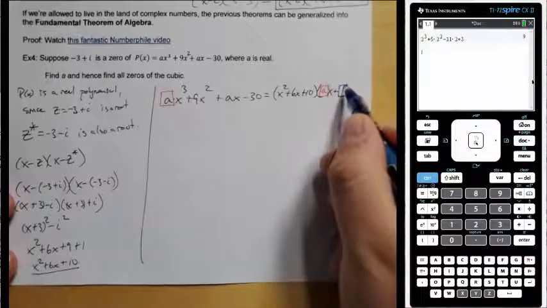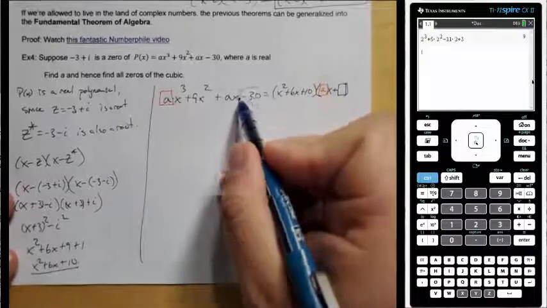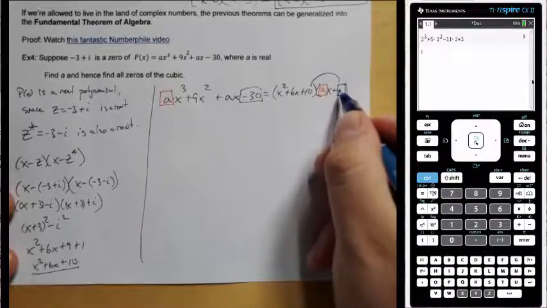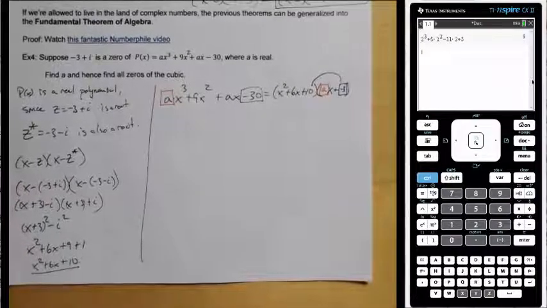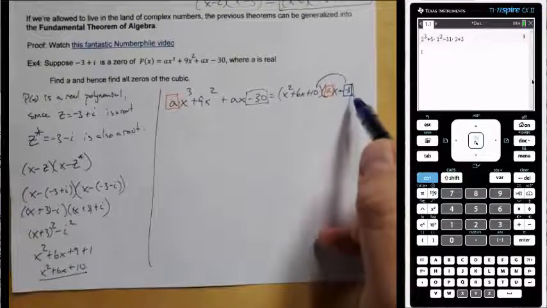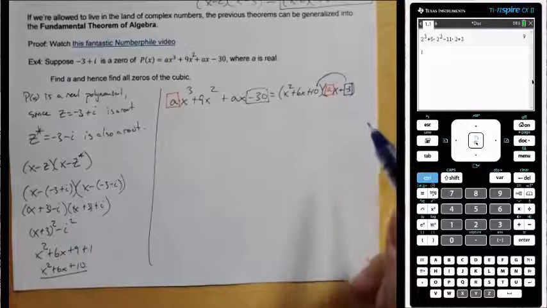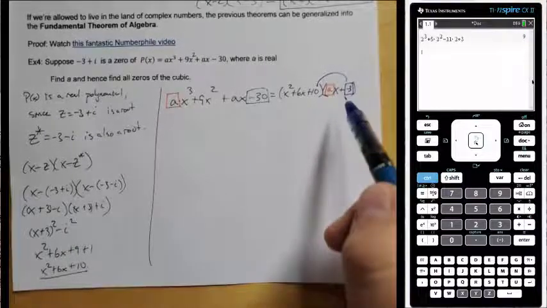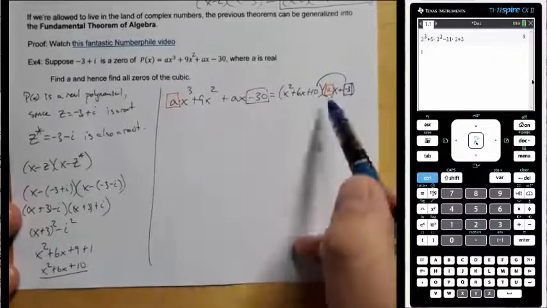So what do I need to multiply by 10 to make the constant term? I think it has to be minus 3. So I can deduce that this last term is minus 3, for sure. Knowing that, I can figure out what a is.